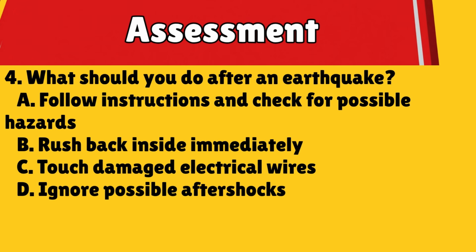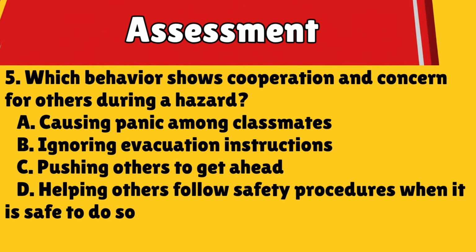C. Touch damaged electrical wires. Or D. Ignore possible aftershocks. And last number, which behavior shows cooperation and concern for others during a hazard? A. Causing panic among classmates. B. Ignoring evacuation instructions. C. Pushing others to get ahead. Or D. Helping others follow safety procedures when it is safe to do so.